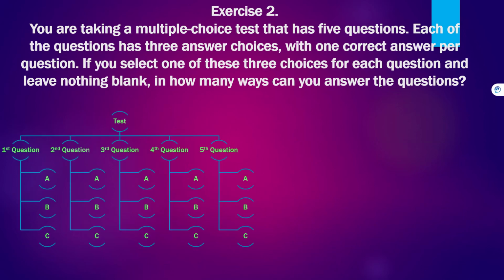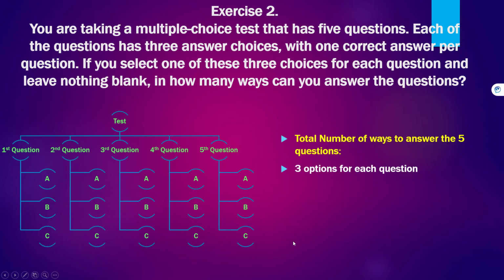So if you look at the different questions, the first question, second, third, fourth, and fifth, you can choose like A, B, or C. It doesn't say A, B, or C, but it says that we have 3 choices for each question. So since we have 5 different choices, we're going to multiply the 3 choices 5 times. So 3 times 3 times 3 times 3 times 3, which is 3 to the 5th power.